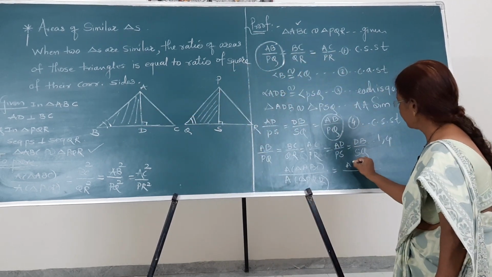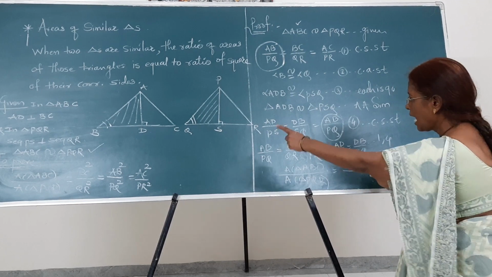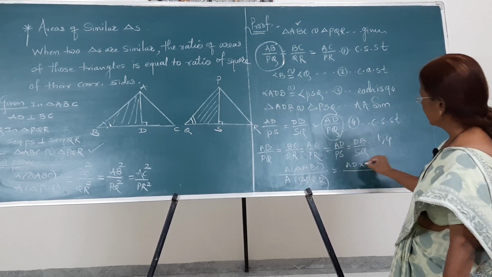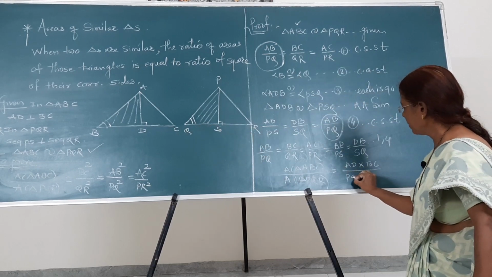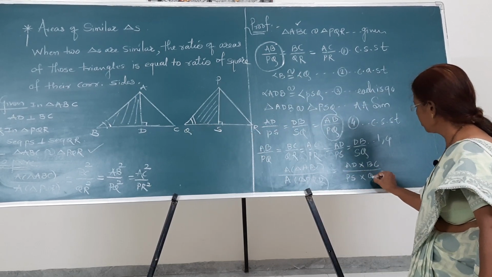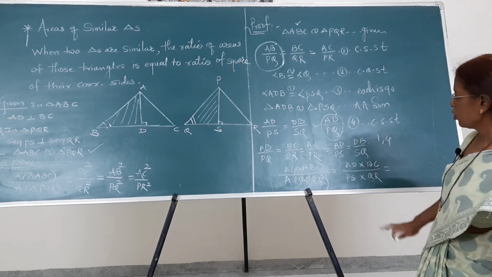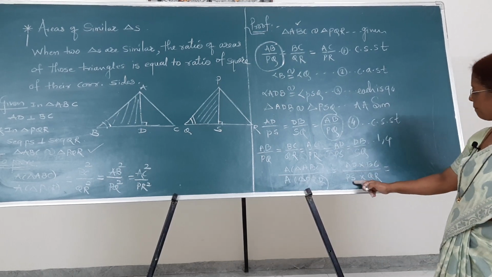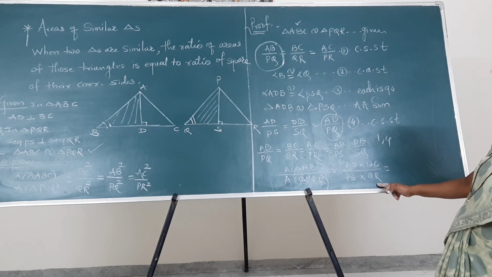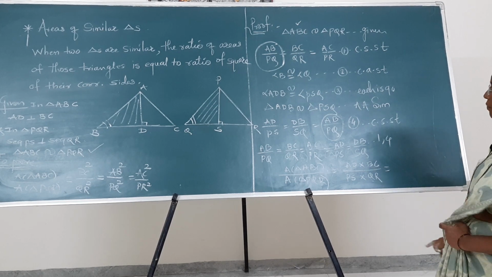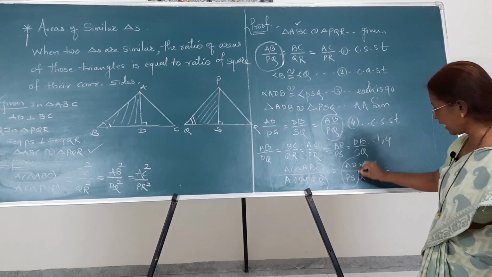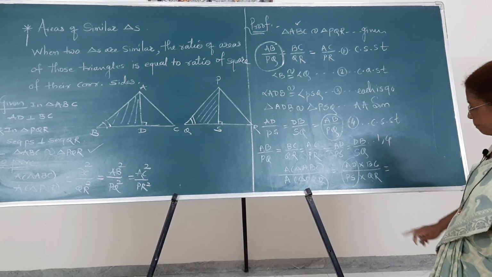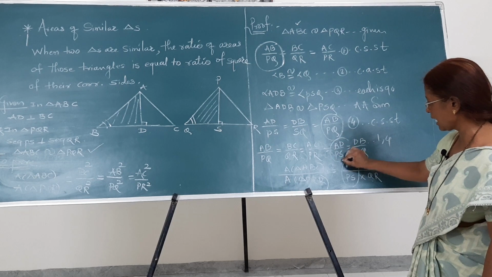So the height of the first triangle is AD and BC is the base. Similarly, the height is this and the base is this, PS into QR. So AD into BC upon PS into QR, like this we got. But see children, the ratio AD upon PS, here we got the answer.